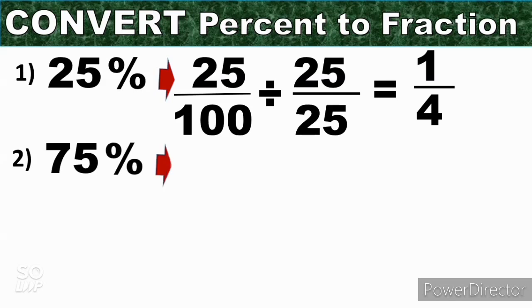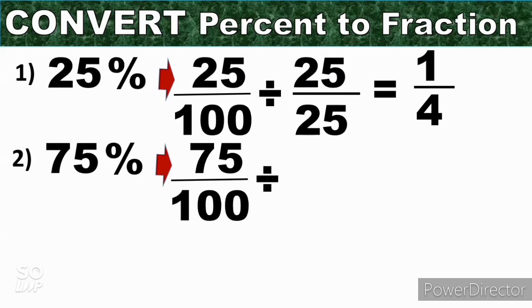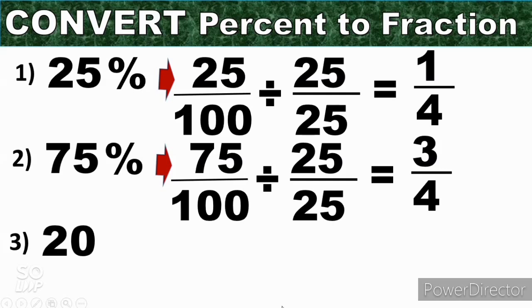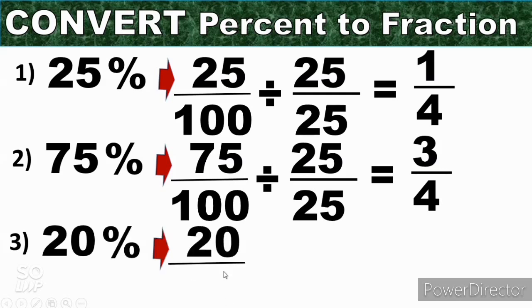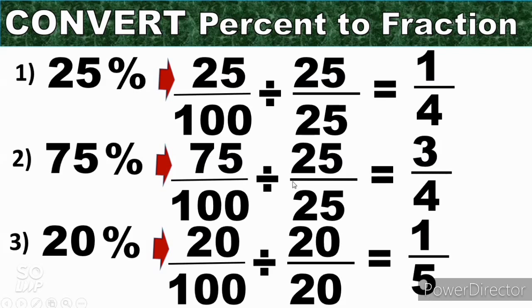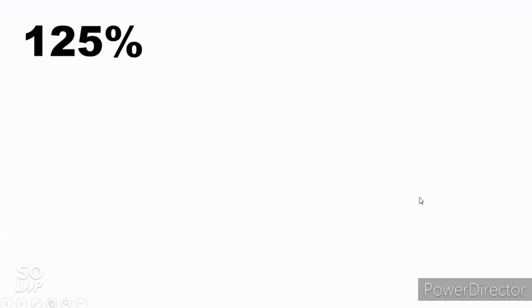Next, number 2, we have 75%. Then now we have 75 divided by 100 and divide by the greatest common factor of 75 and 100. Then 75 divided by 25 is 3. 100 divided by 25 is 4. Next, number 3, we have 20%. Then now we have 20 over 100. Then the greatest common factor of 20 and 100 is 20. So 20 divided by 20 is 1 and 100 divided by 20 is 5. So that is how to convert percent to fraction.